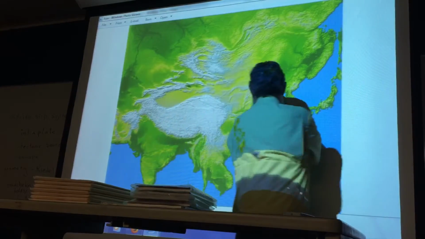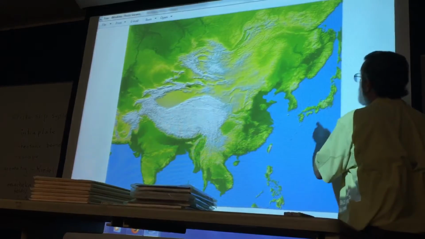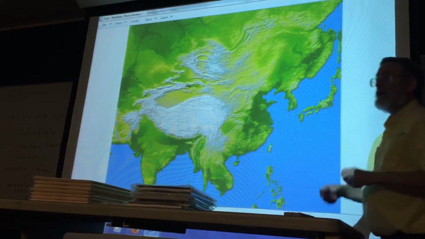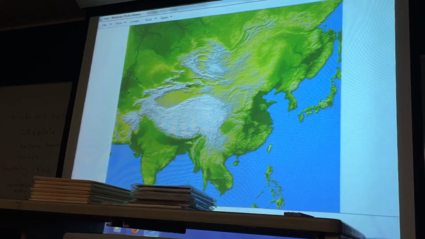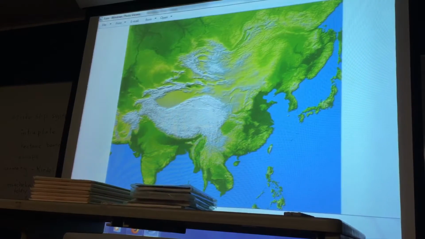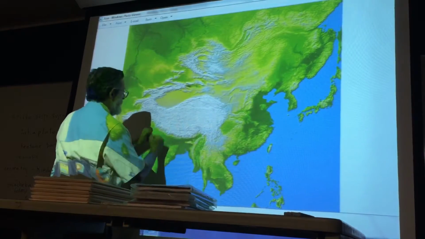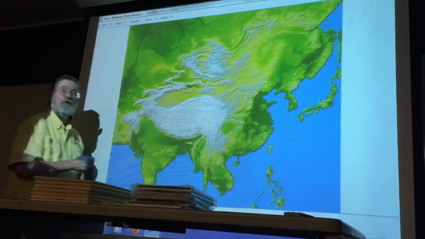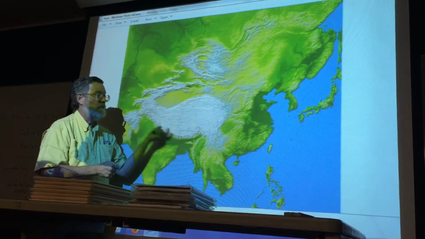This curvature right there, that curvature right there, this curvature right there are highly diagnostic of escape features. As India has pushed into Asia, and it's still moving northward, we're still seeing uplift in here.